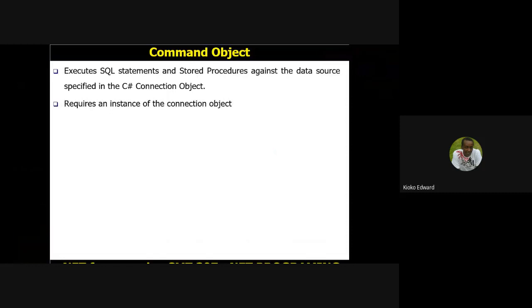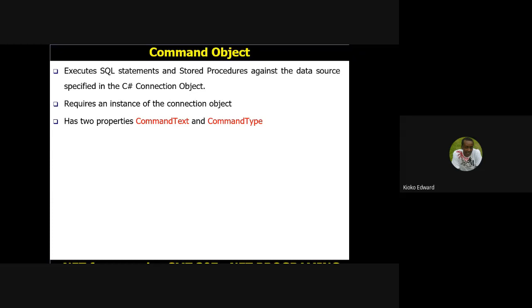Sorry for that. So we have said that it requires the connection object, and I should be able to show you how we pass the connection object to the SQL object. Once that has been done, there are 2 major properties associated with the command. Number 1 will be the command text. The command text will tell us what SQL statement we are executing on the server or on our database. If it's going to be a select statement, that's what we shall have on that property.